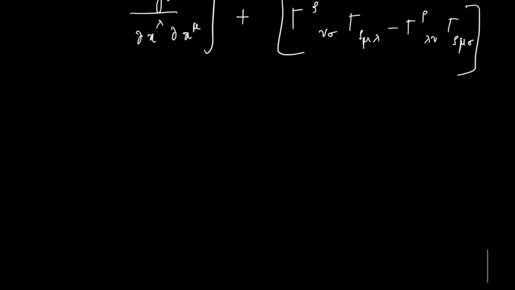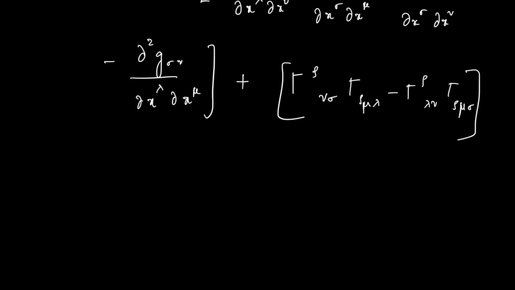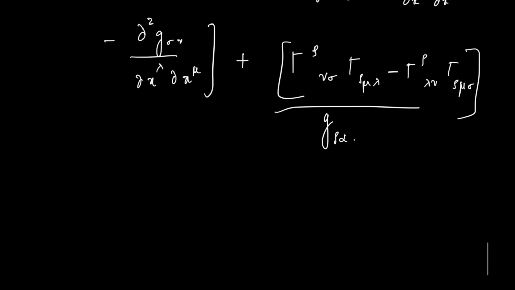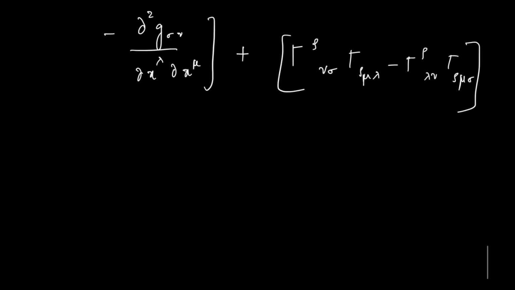Okay, now from here I can take out G rho alpha from this term. Common outside I can take. So let me take and show you what are the remaining quantities.